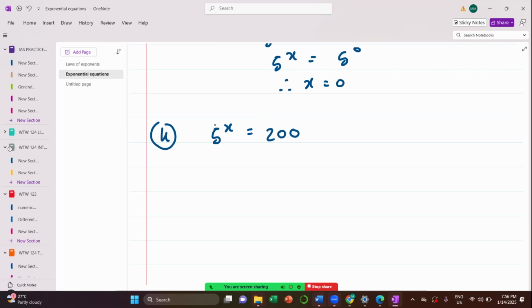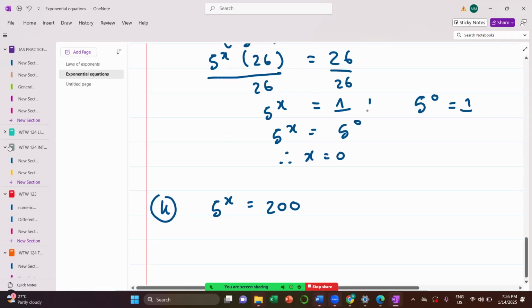So now this one is already at this stage, right? So what should I do? I should try to express 200 as a base of 5, right?